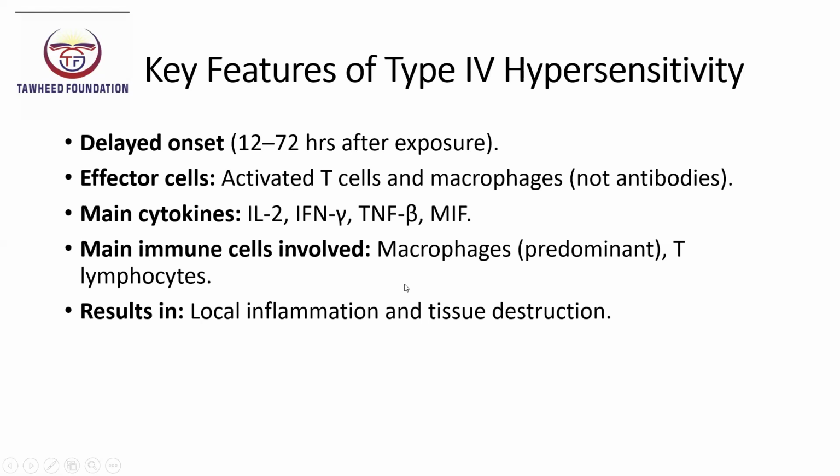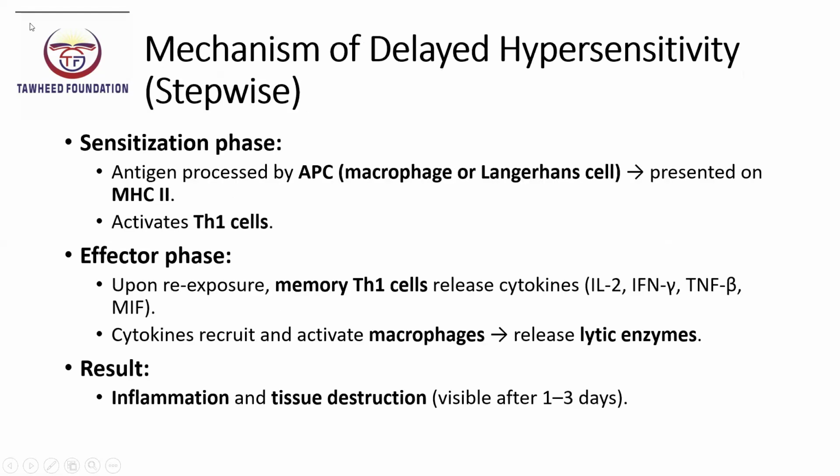The immune infiltrate is predominantly composed of macrophages and T lymphocytes, and the overall effect is localized inflammation and tissue destruction at the site of antigen exposure. These features distinguish type 4 from antibody-mediated hypersensitivity reactions.